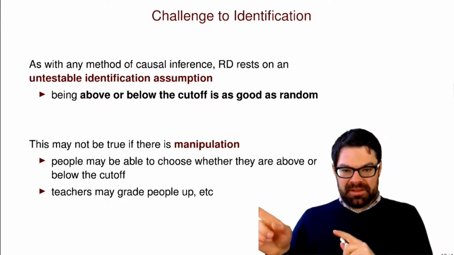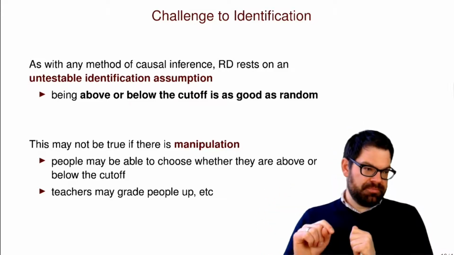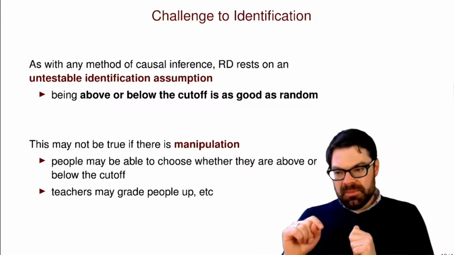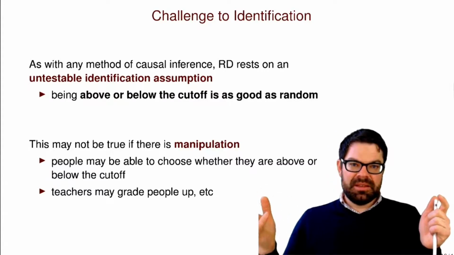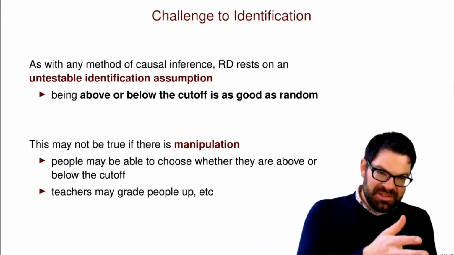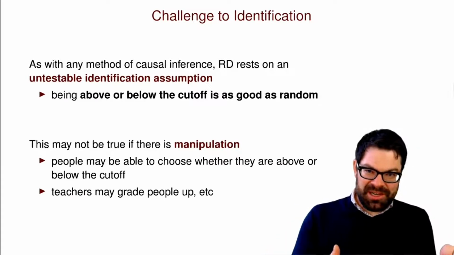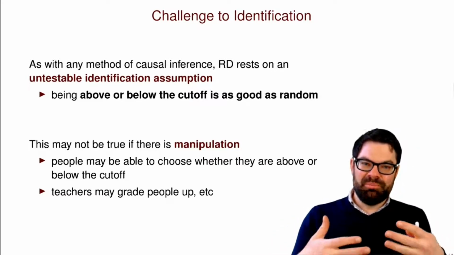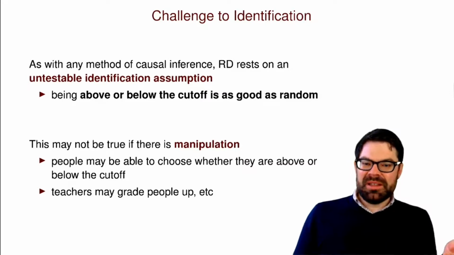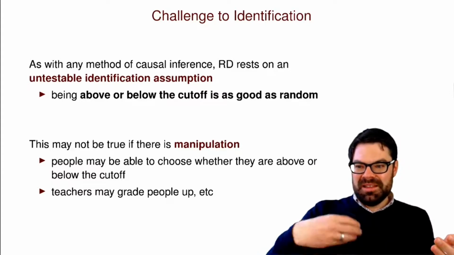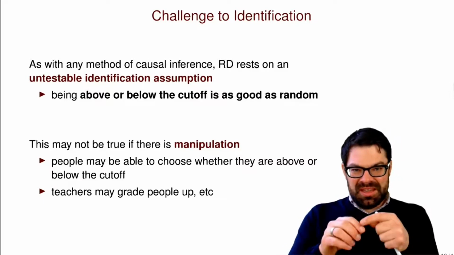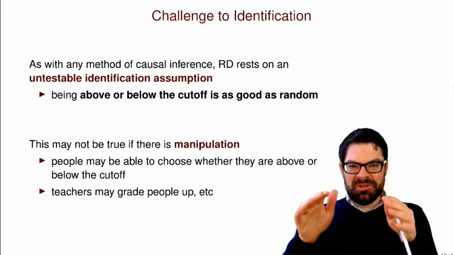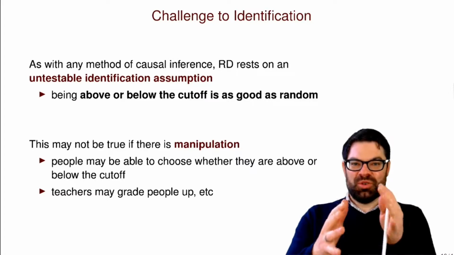And one particular challenge is manipulation. Manipulation is something that may happen, and there is a whole other literature, especially in public economics, on so-called bunching, that documents that when people can easily manipulate, for example, their taxable income, you see huge bunching at those thresholds.